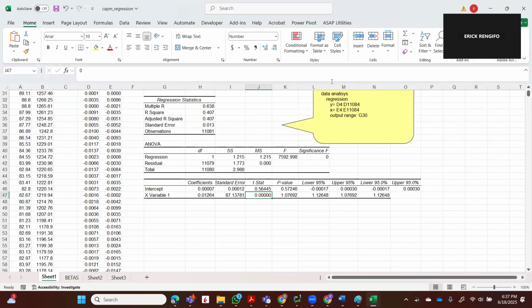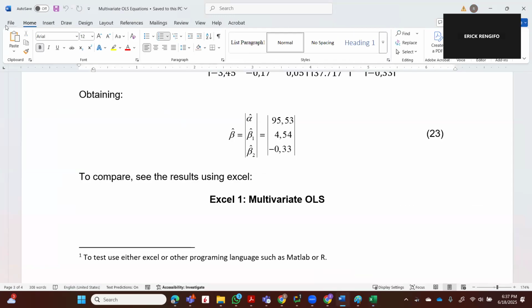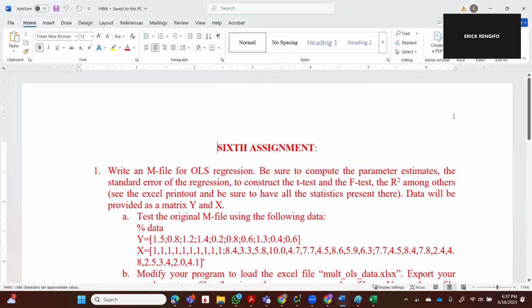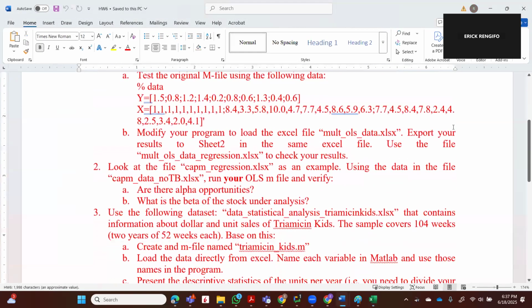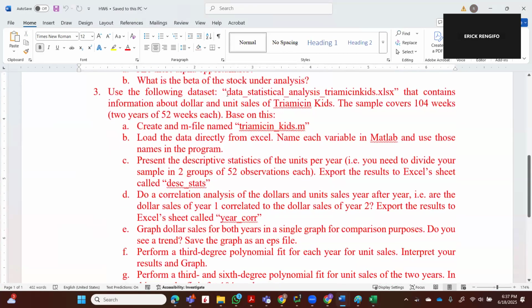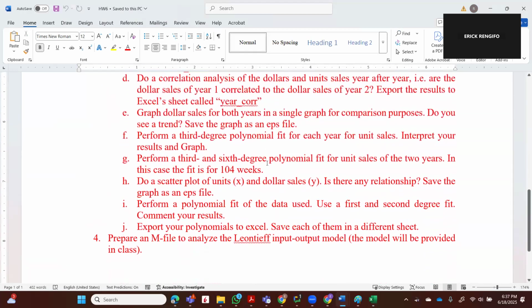Okay, questions. And then you have a little more things to do with homework number 6, which I opened just now. Thank you, Julia, for reminding me that I didn't put that. So then you need to do CAPM. This is 1 and 2. And then I give you data statistics. And for this one here, guys, I need you to take a look at the video.